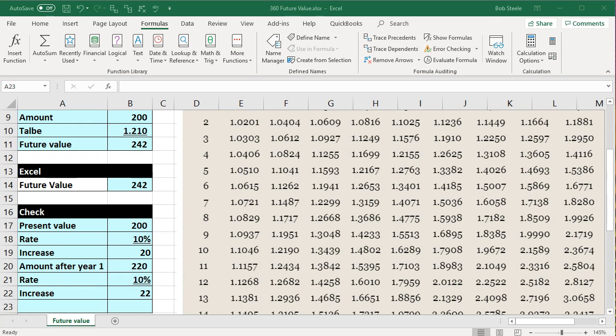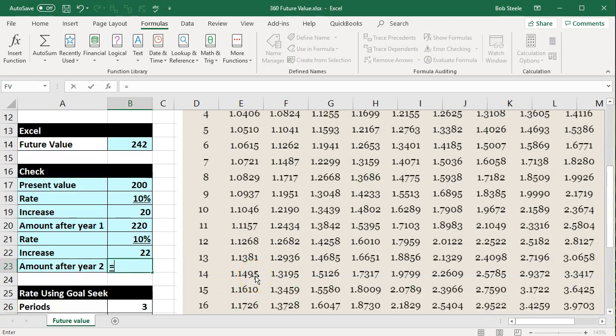So the amount at year 2 is going to be equal to the 220 plus the 22. And there's our 242. So there's just a kind of a calculation. You can see how this basically works out. If you do a check figure kind of calculation, it might help to get this stuff going in your mind.